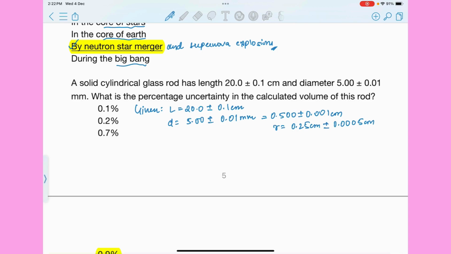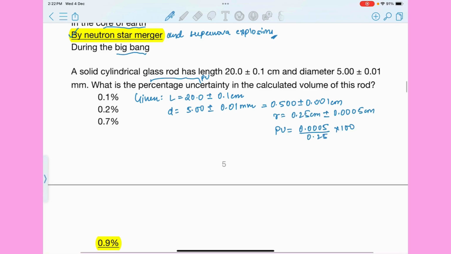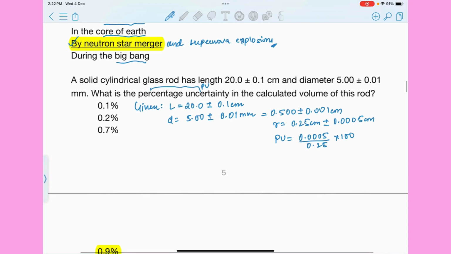So percentage uncertainty, I am writing this as PU. Percentage uncertainty in the radius will become 0.0005 upon 0.25 into 100 for the percentage. This will come to 0.2%.